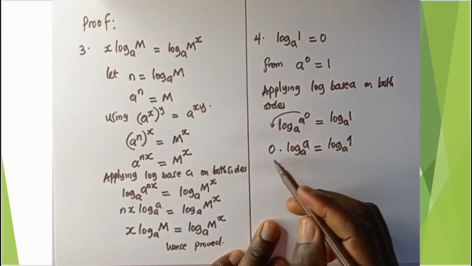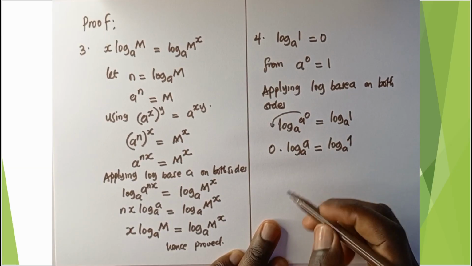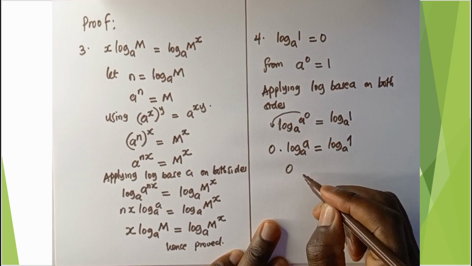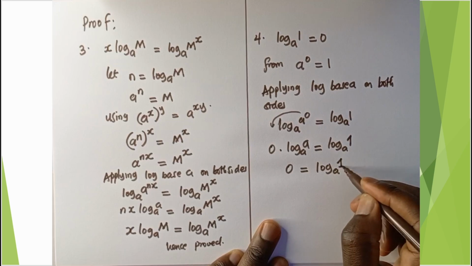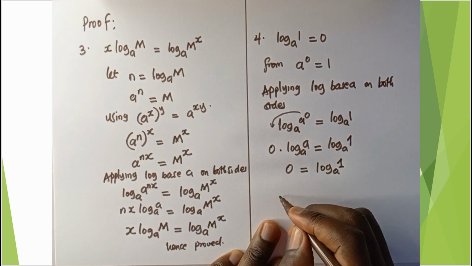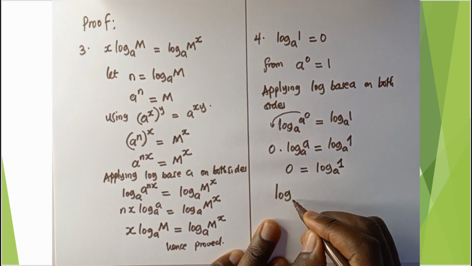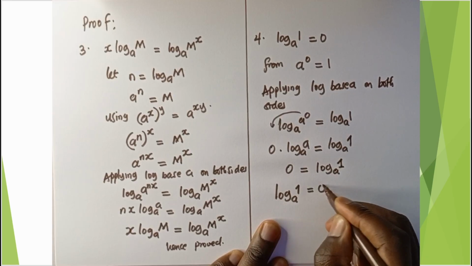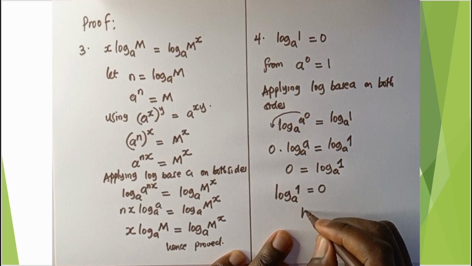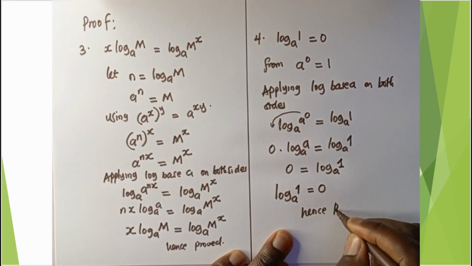But remember, anything times 0 gives 0. So we have 0 is equal to log base a of 1. And this is eventually where we have the law that says log base a of 1 is actually 0. So hence proved.